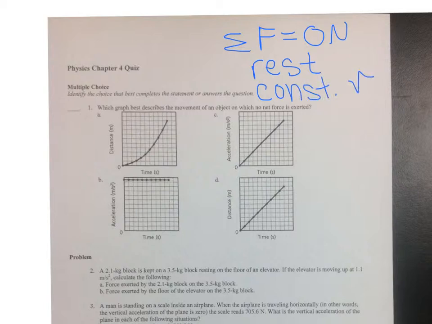Okay, so if we look at this first graph, this is a distance versus time graph that is curved, which tells me that as each second ticks by, we're not covering the same amount of distance. So this is not a situation where you have a constant velocity. Constant velocity is going to be a straight line, showing that the rate of change of distance over time, being velocity, is constant.